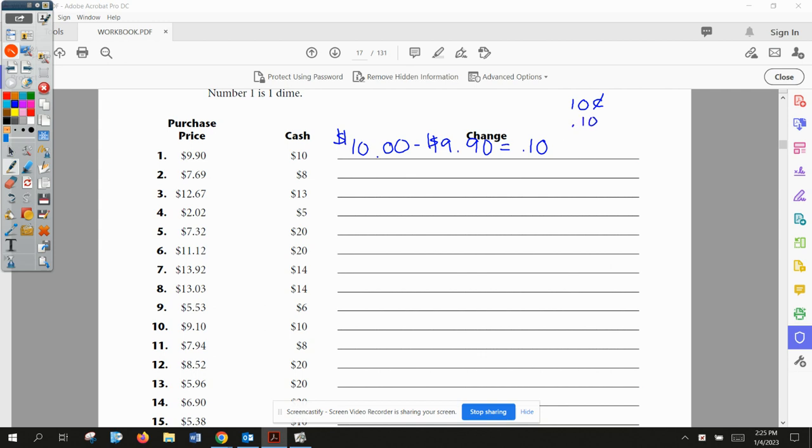It could also be written as a decimal, 0.10, or it could be written without a zero in front of it. So with a dollar sign, 0.10. These are the four different ways that you can write that answer. So you can write it in cent amount, dollar amount, or without a dollar sign but using a decimal point.